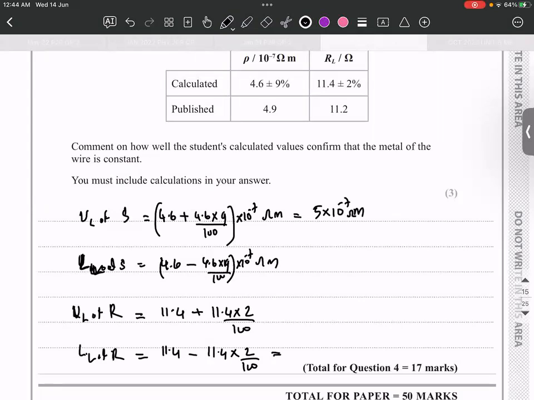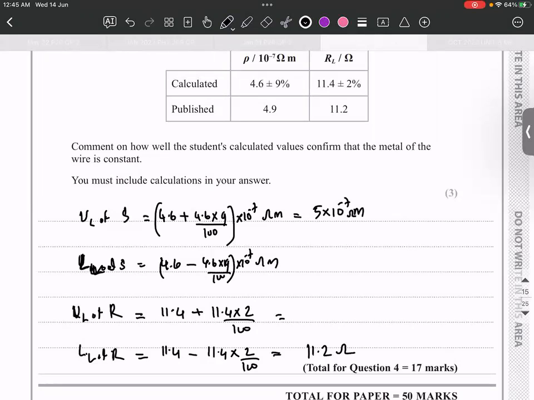So please calculate these upper limits and lower limits. So the lower limit of R, we will get as 11.2 ohm. And the upper limit of R is 11.4 multiplied, you can take your calculator and figure it out.